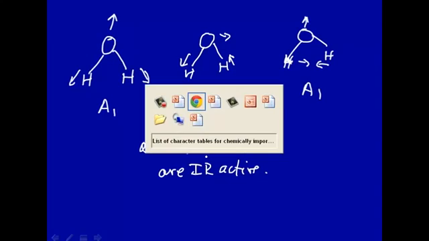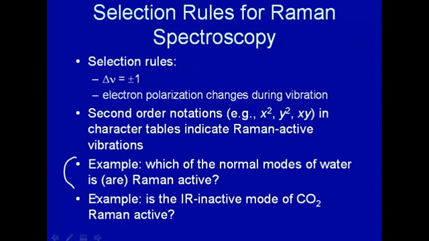Now let's take another look here. How about CO2? Is the IR inactive mode of CO2 Raman active? So recall, we had carbon dioxide. We had a symmetric stretch of carbon dioxide where this one went out this way, this one went out this way.